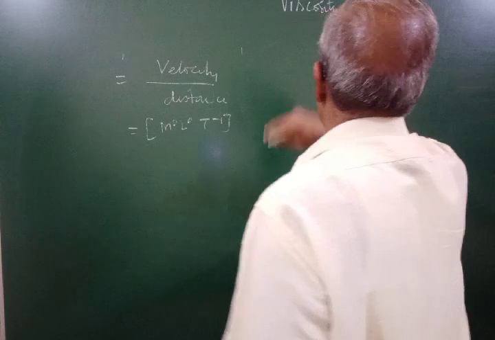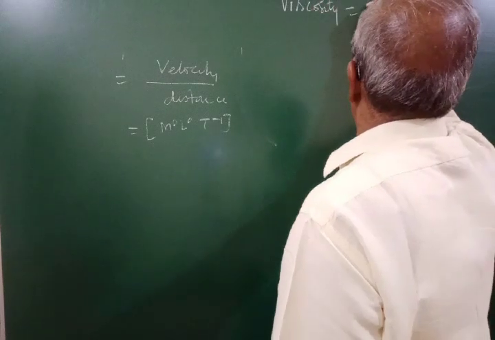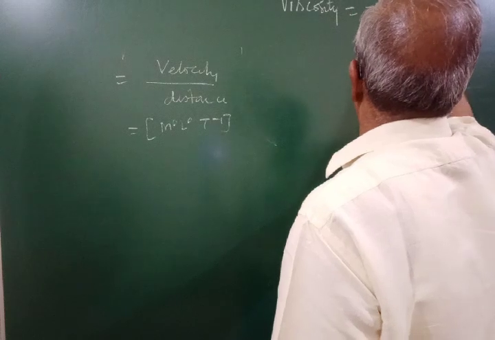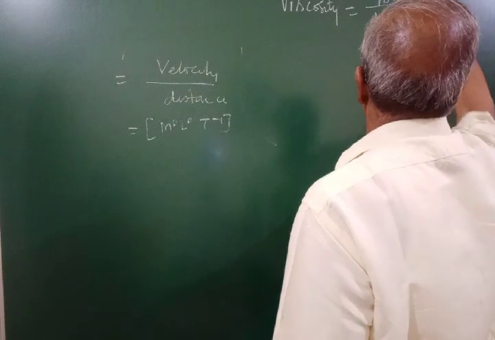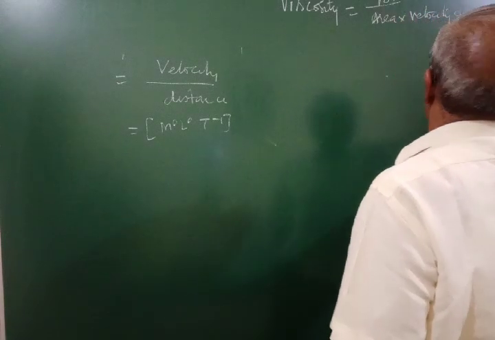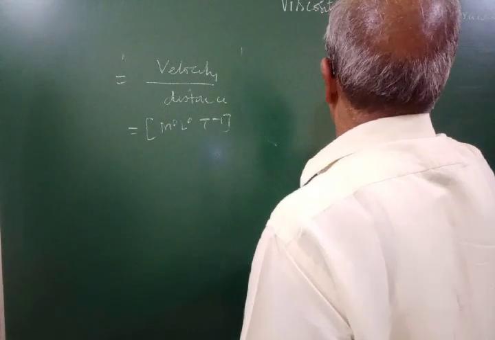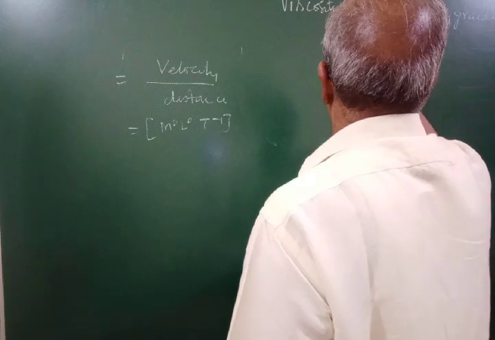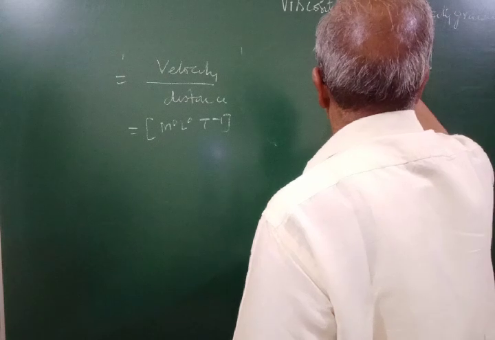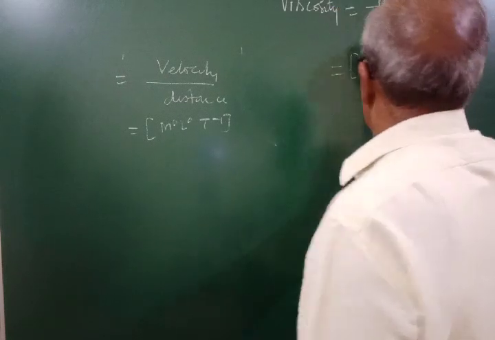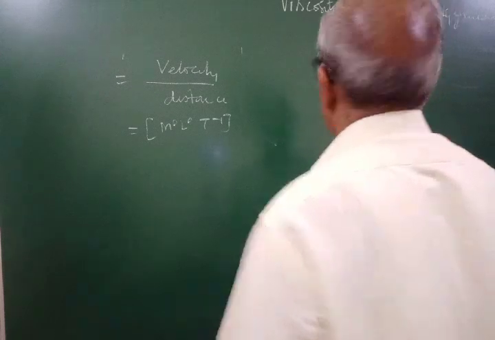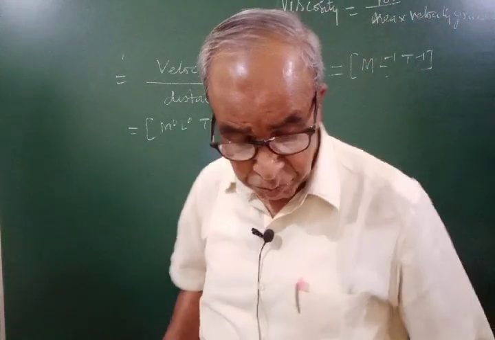Viscosity is equal to force per unit area into velocity gradient, and if we put in all the values, we get the dimension of viscosity as ML^-1 T^-1. This is important to learn. Dimension of viscosity: ML^-1 T^-1.